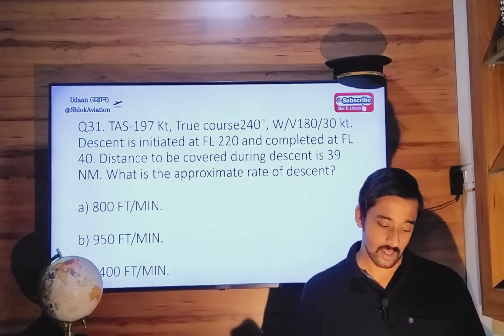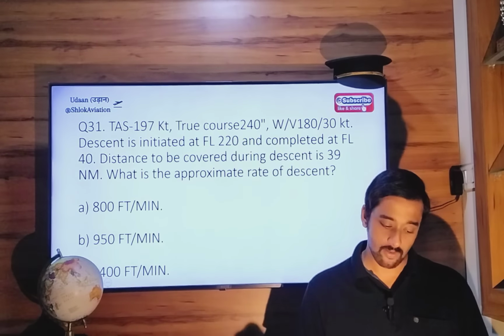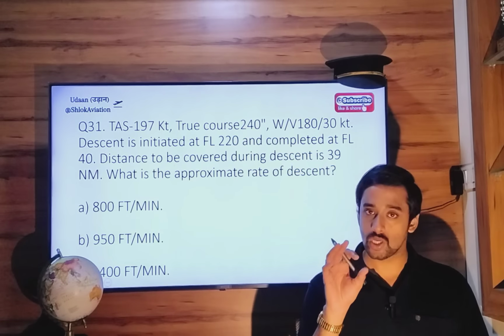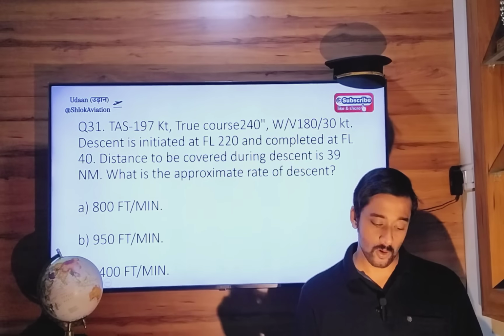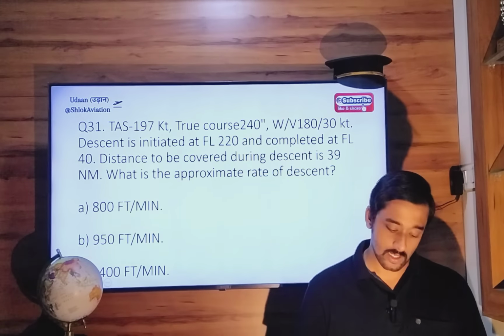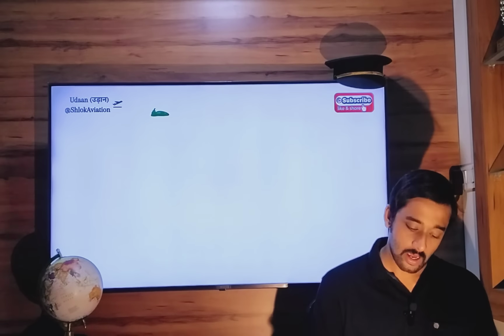So let's start. True airspeed is given, course is given, winds is given. Descent is initiated from flight level 220, that is 22,000, and completed at flight level 4,000. Distance 39 miles. What is the rate of descent? Correct. So you are here, let's say, and you want to descend to a lower altitude.